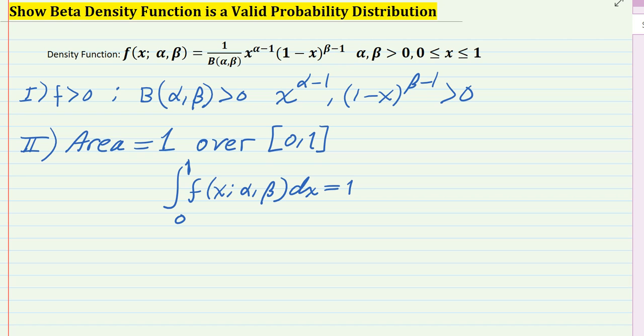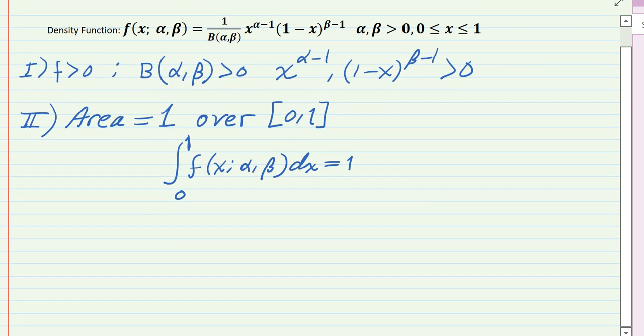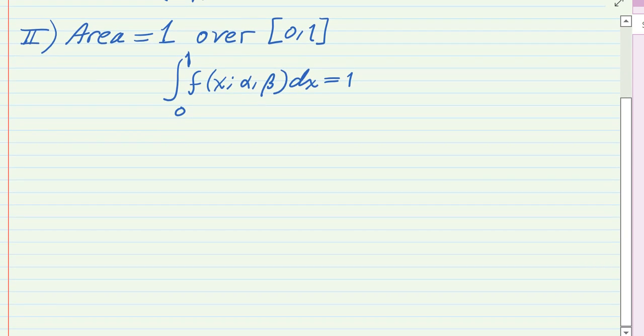So if we can show that the integral of x to the alpha minus 1, 1 minus x to the beta minus 1 is equal to the beta function, then multiply by the reciprocal of the beta function, and we get what we desire here. So let's begin.